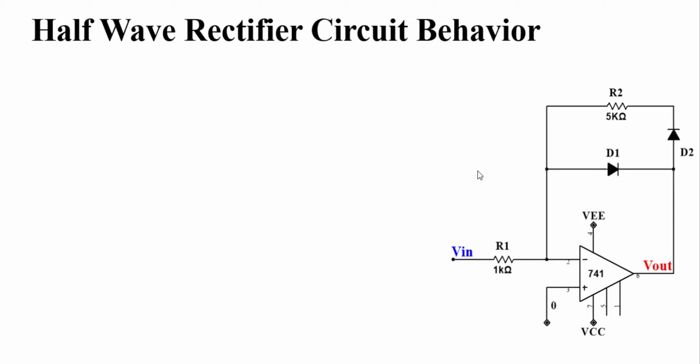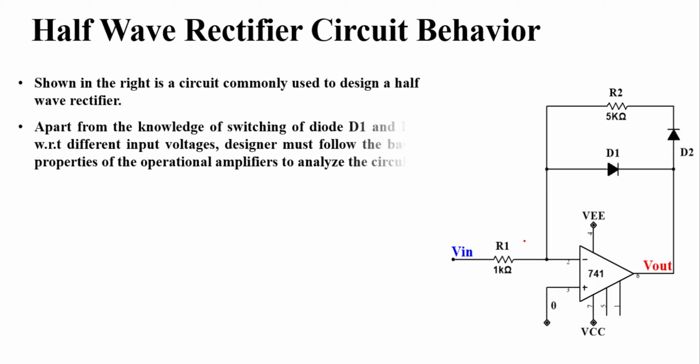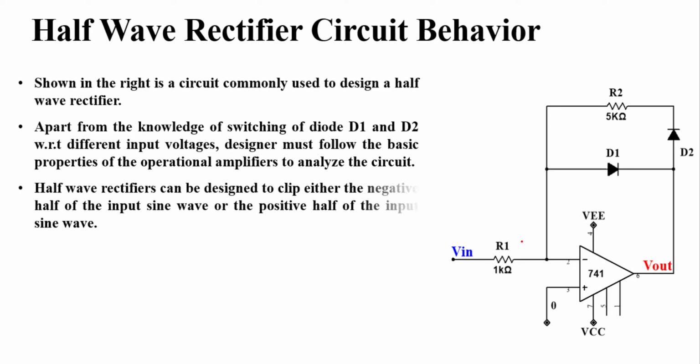Now, coming to the behavior of the half-wave rectifier circuits. Here on the right side, we can see I have drawn a half-wave rectifier circuit. To understand the behavior or working of this circuit, we have to assume a few points.